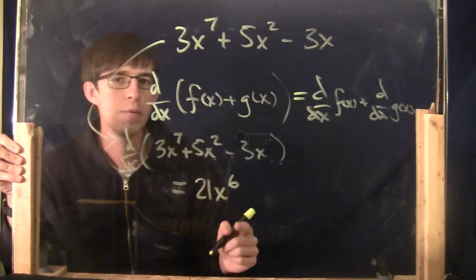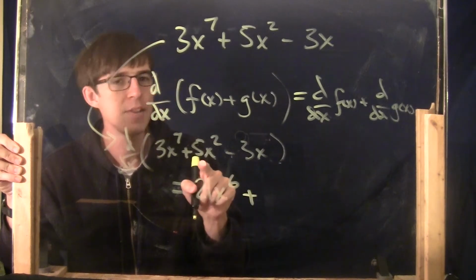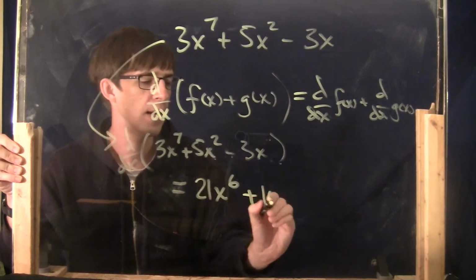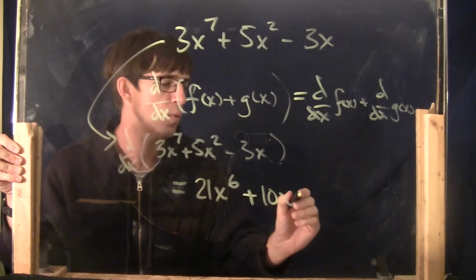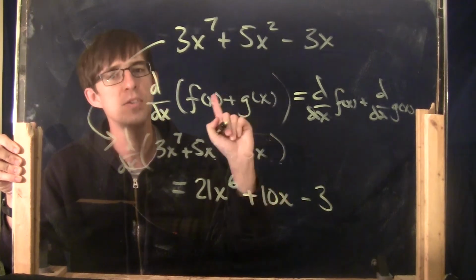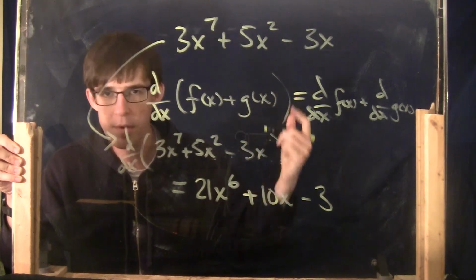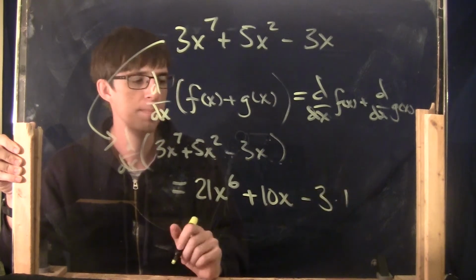You decrease the exponent, 7 becomes a 6. Then I just immediately add this one. We move the 2 down, we get 10x to the 1, which is x. And then I do this one, minus 3 times the derivative of x, which is 1. That was part of our list of things. So it's 3 times 1, which is just 3.